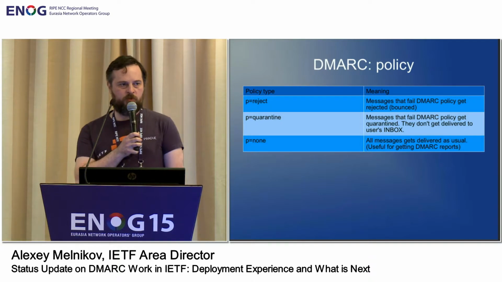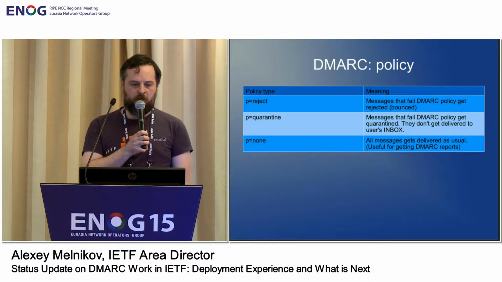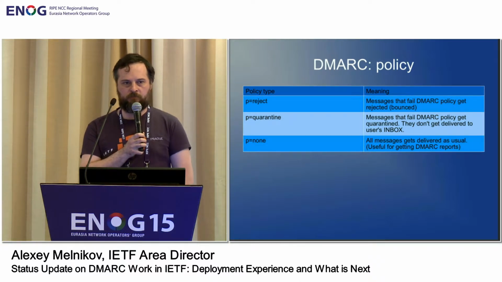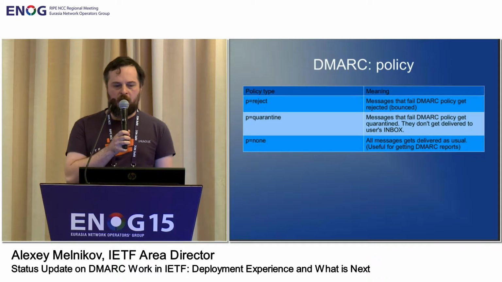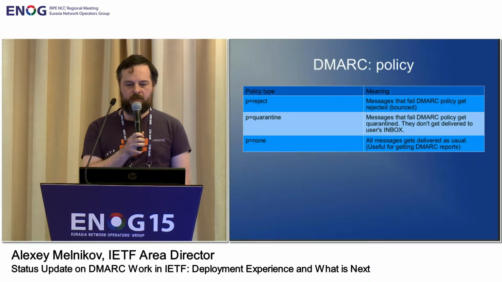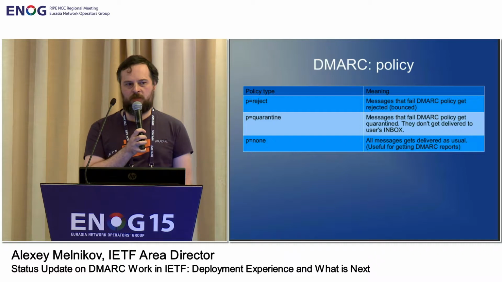So policy. Typically, there are three types of policies. In this field, p=reject is the most strict one. It specifies that if the message fails DMARC validation, then it should be rejected, so the message should never get delivered to recipients. p=quarantine is saying that if the message fails DMARC, then quarantine the message just in case it's actually a legitimate message, and it can be released by an administrator or maybe even the user, but by default it is not going to be delivered to the inbox.